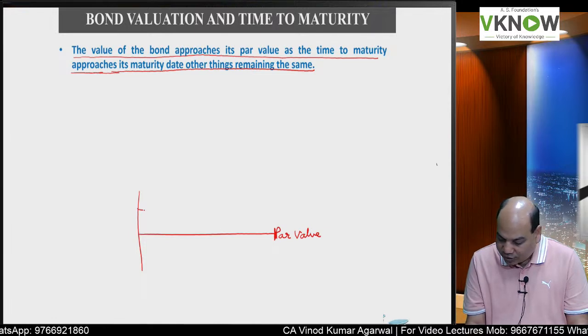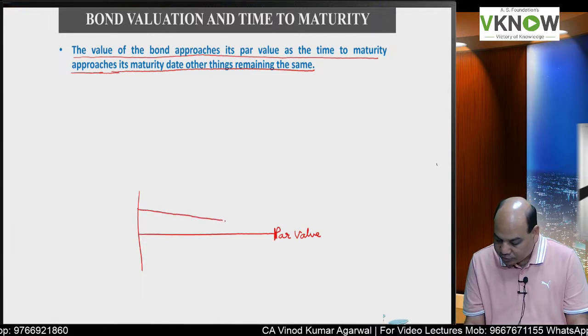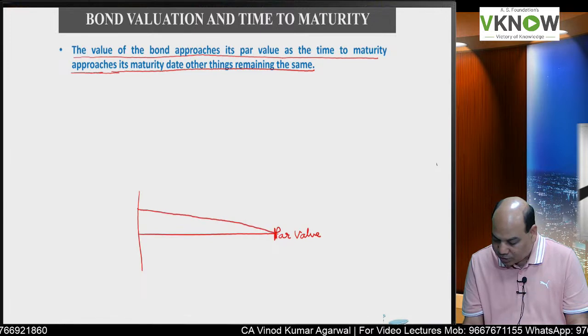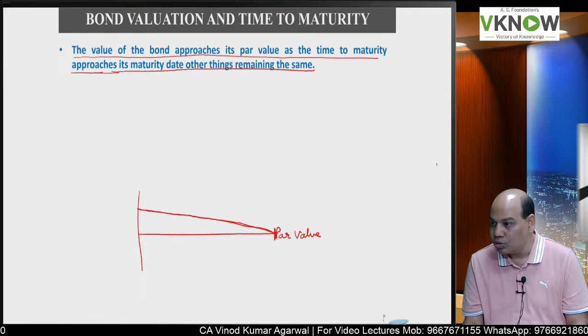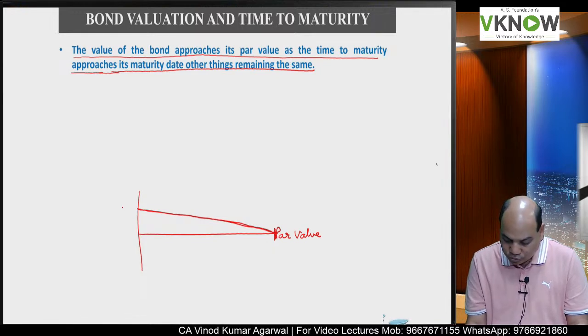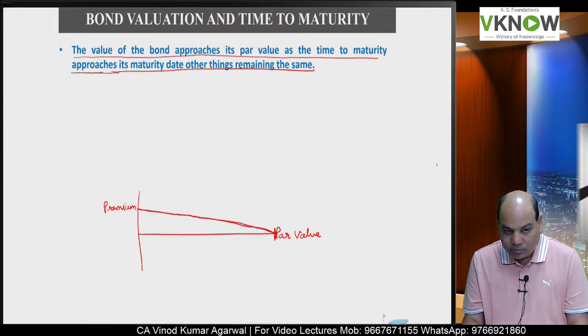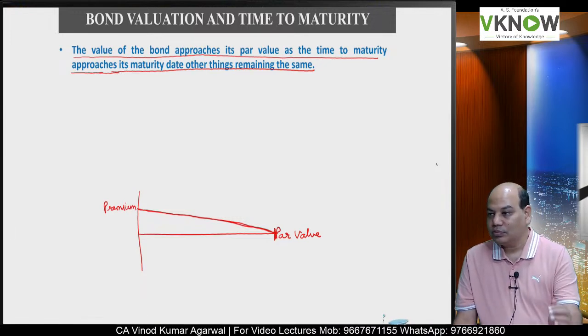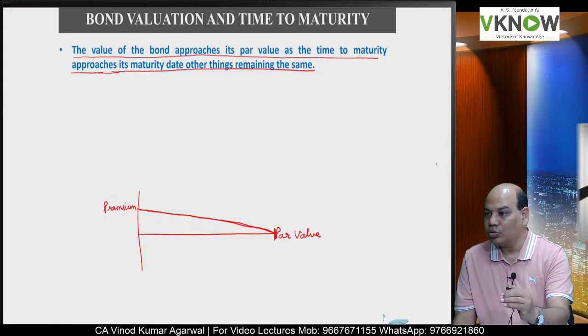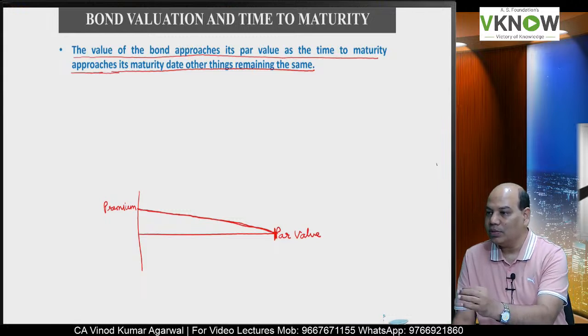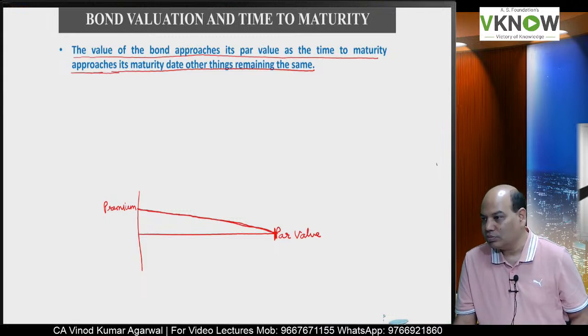If the bond is trading at a premium, as the maturity approaches, its value will become closer and closer to par value or redemption value.